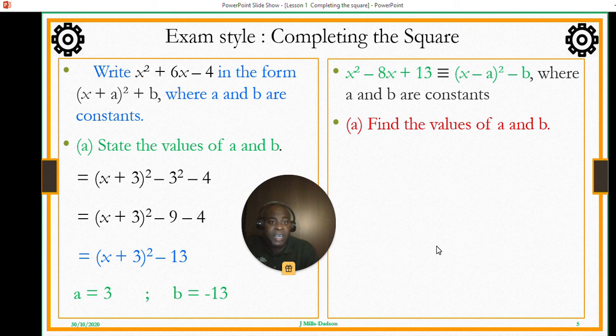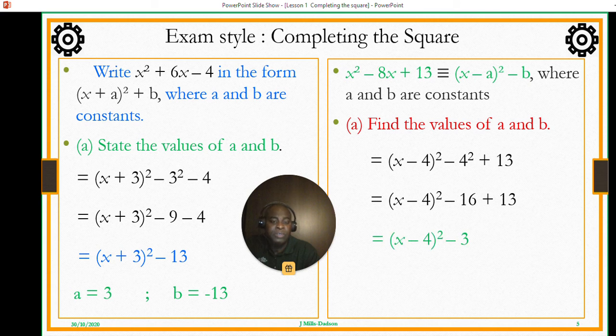Our B is 8, so we divide 8 by 2, we have 4. So you're going to have 4 in the formula. And don't forget, in the bracket, this must be negative throughout. We compute negative 4 squared, negative 16. Then we compute negative 16 plus 13 to complete the square.